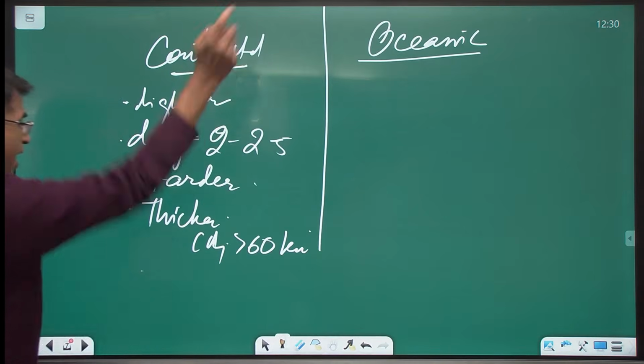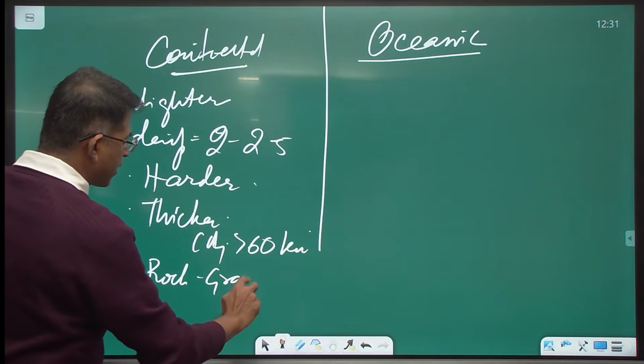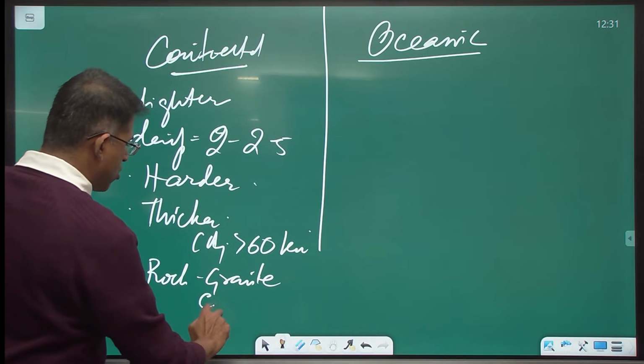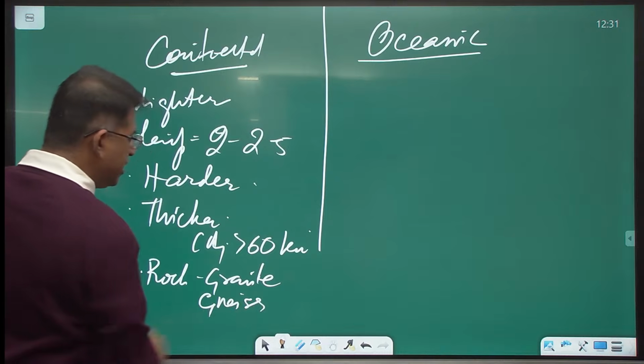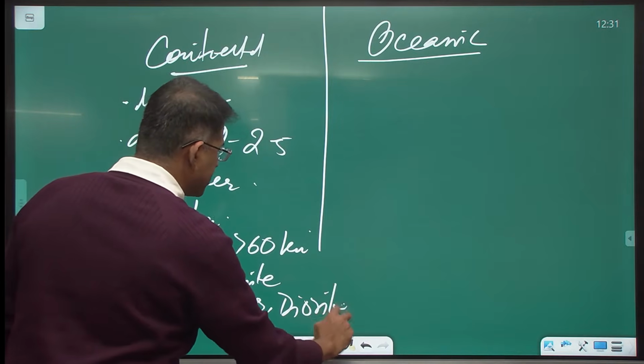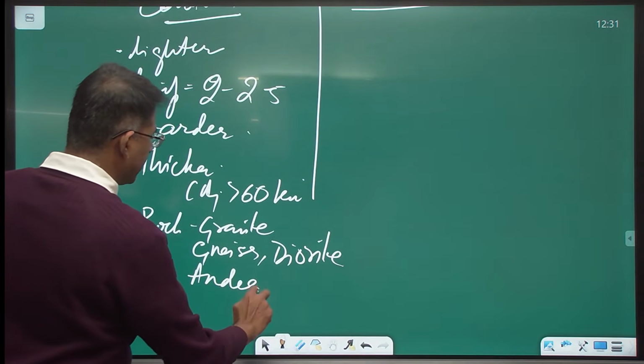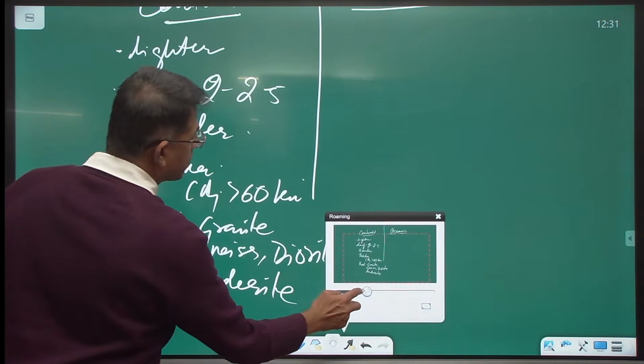Continents are made up of rocks like granite, a rock called as gneiss, rocks called as diorites, and rocks called as andesite. Keep writing, please.